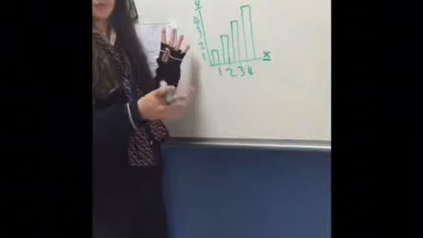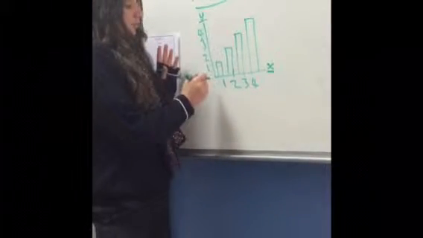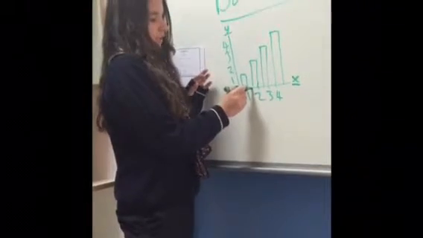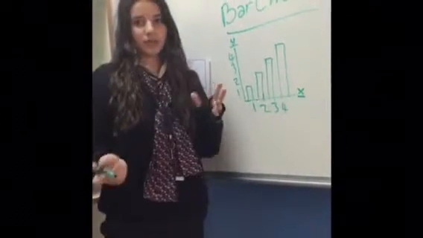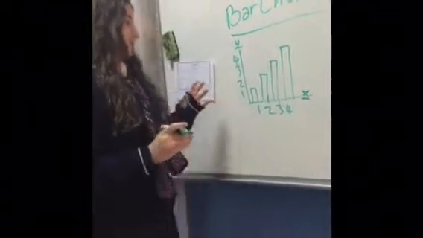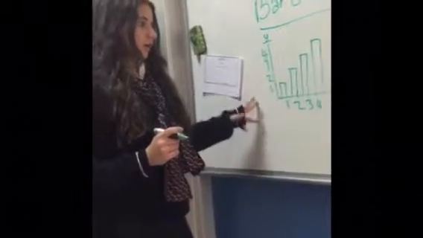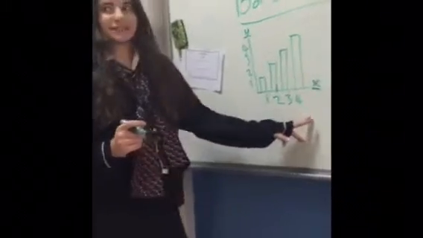If there's one space, you must leave one space here, and then one space, and then one space. So you must have the exact same spaces. Over to scatter graphs.